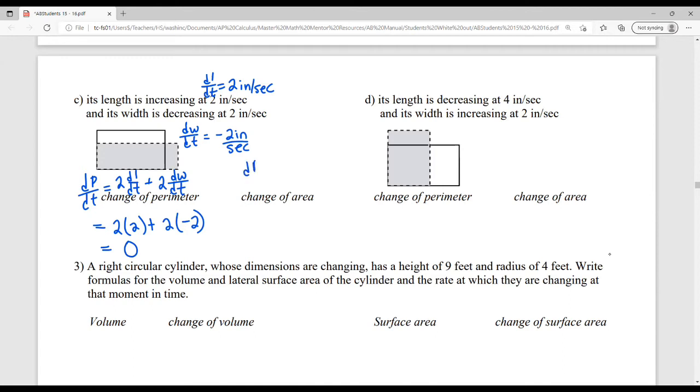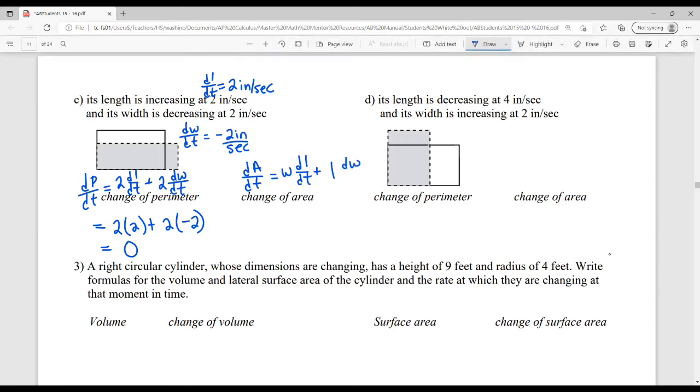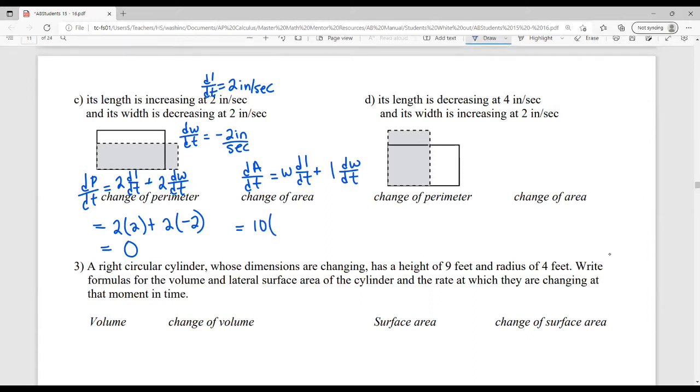For dA/dt, remember dA/dt was equal to the width times dL/dt plus the length times dW/dt. We know the width was 10, dL/dt is changing at 2 inches per second, which would be 2, plus the length, which is 6, and the width is changing at negative 2.